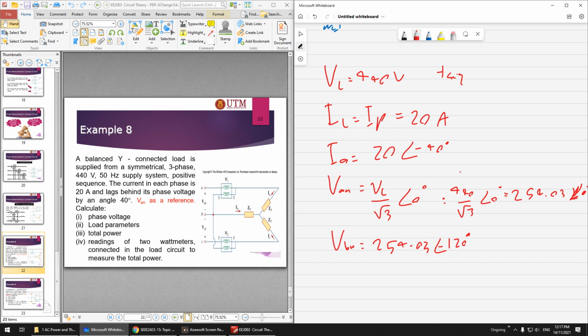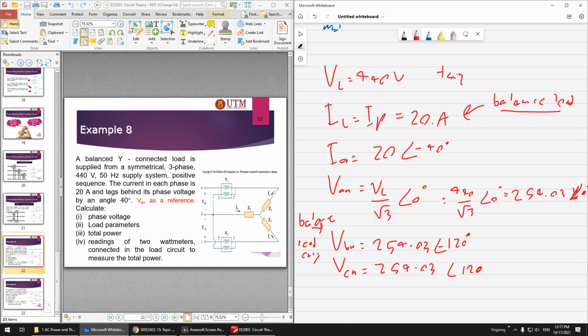Because this is a balanced load, you can apply this law and directly change the angle. VCN is equal to 254.034 angle 120 degrees. This is applied for balanced load only.